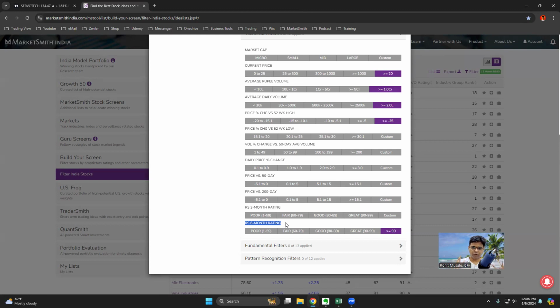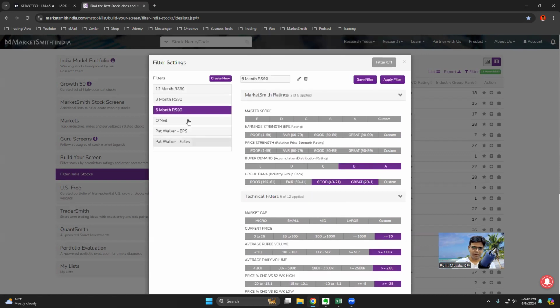So if a stock has done better than more than 90% of the stocks in the entire stock market, irrespective of sector, and that too on a 6-month performance basis, that stock will come in this filter. Okay. That is what I'm looking at. I'm not just looking at strength in a stock based on a 52-week performance. I want to see in the past 6 months, is it showing strength?